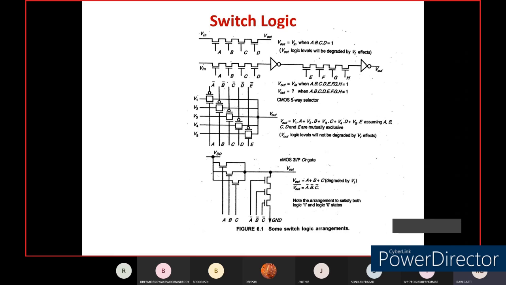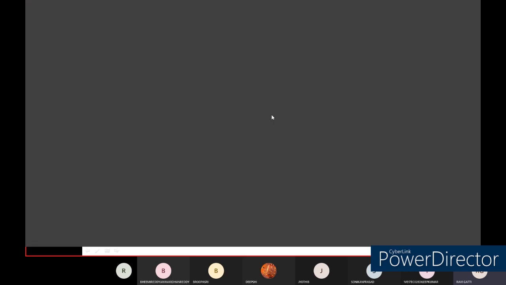Therefore, your threshold effect will not come into play when you are combining the input voltage to the output terminal. If the PMOS transistor is 0, your NMOS will be 1, so V in will be 0. When the PMOS transistor is 1 and the NMOS transistor is 0, then V in will be 1. Like this you can couple your input terminal to the output terminal.